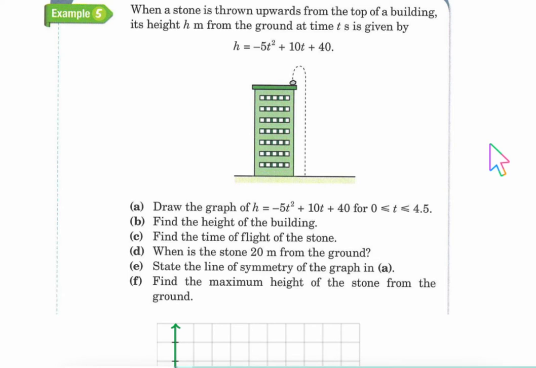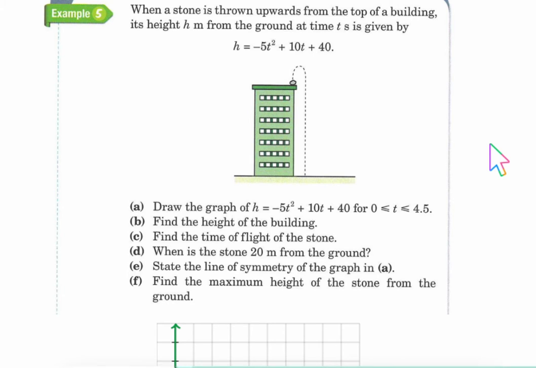All right, A wants us to draw the graph of that equation for just the values of t that are equal to or greater than 0, equal to or less than 4.5. Find the height of the building, which we can do, and find the time of flight of the stone. We can also figure out when the stone is 20 meters from the ground.